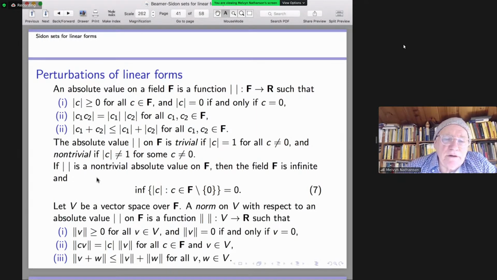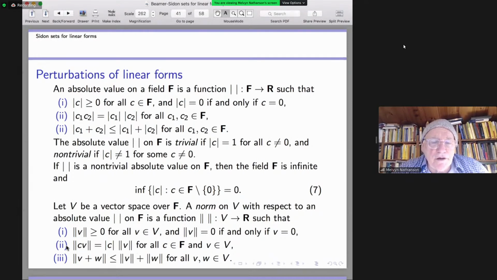So we have a field with an absolute value, and you take a vector space over F. A norm on the vector space with respect to the absolute value is again some non-negative real valued function, which is 0 only for the vector 0.